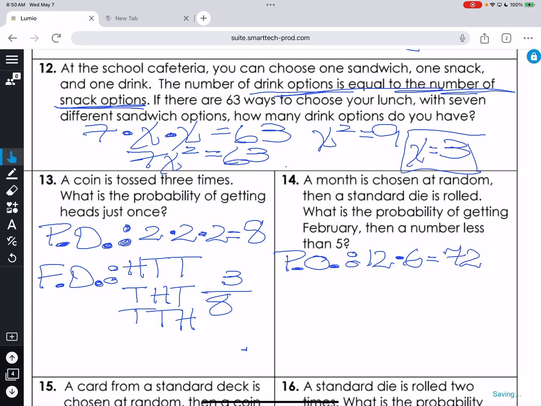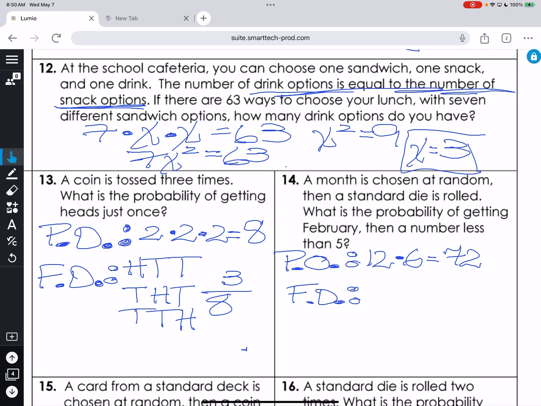Now, the probability of getting February. How many times could we get February? Well, just one time. Favorable outcome. All right, I'm going to do the drawing, kind of our sample space. We could do a tree, but I'm going to do a sample space for this.